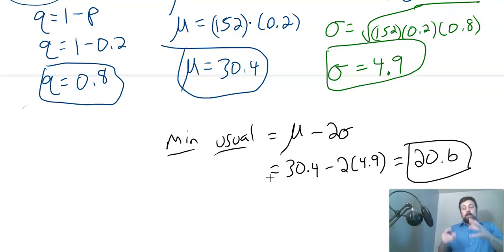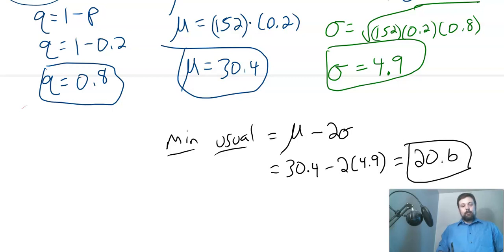So this is the smallest number that I consider to be usual or typical. Anything below that number is unusual or atypical for this situation, right? So if X was 15, having only 15 successes would be considered unusual given these numbers, because 20.6 is the lowest I would consider to be usual, and 15 is lower than that.